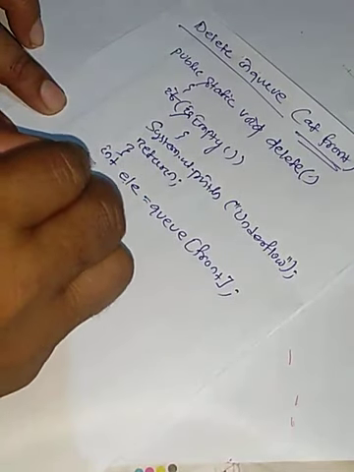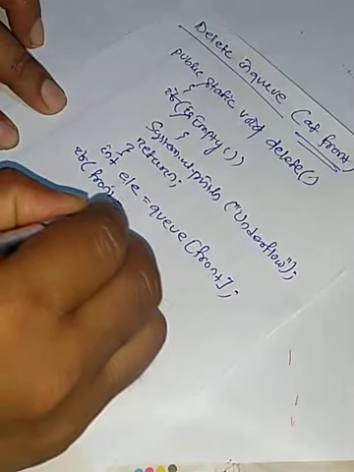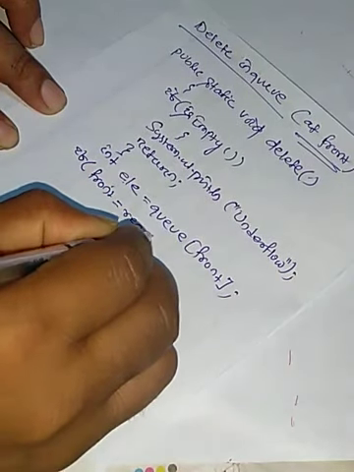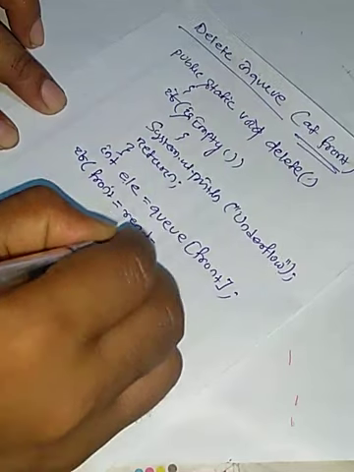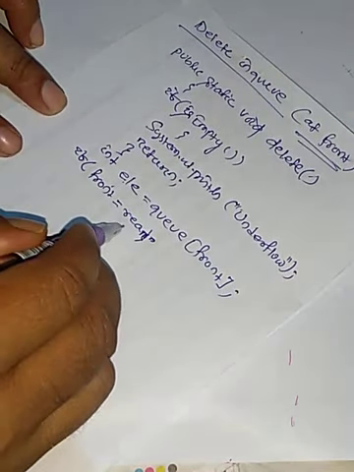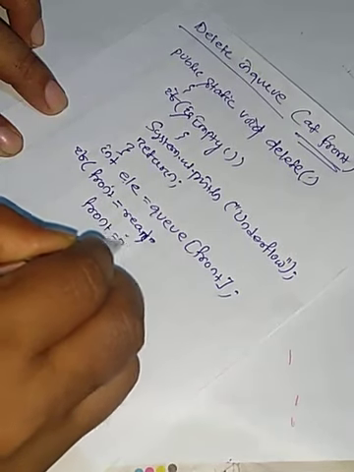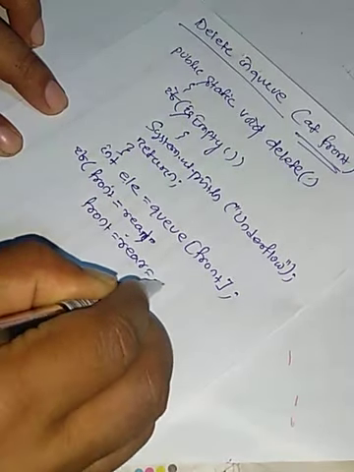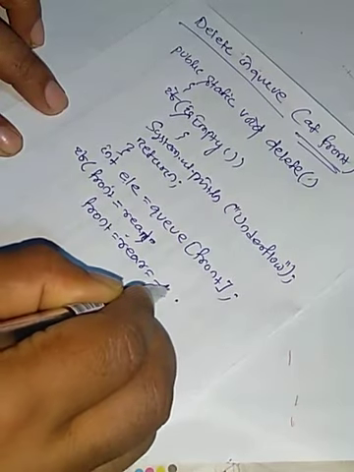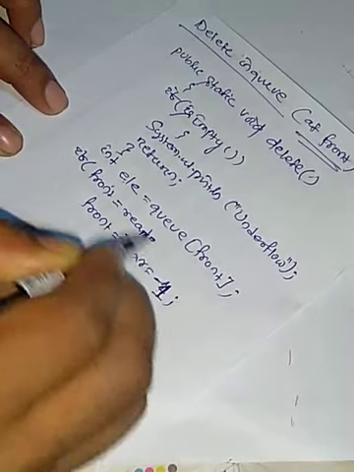So if front equal to rear, that means there is only one element in the list, then we'll set front equal to rear equal to -1.